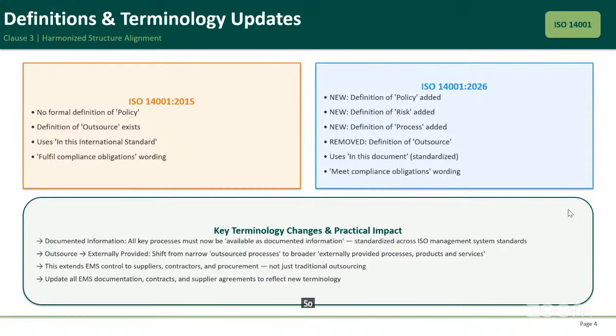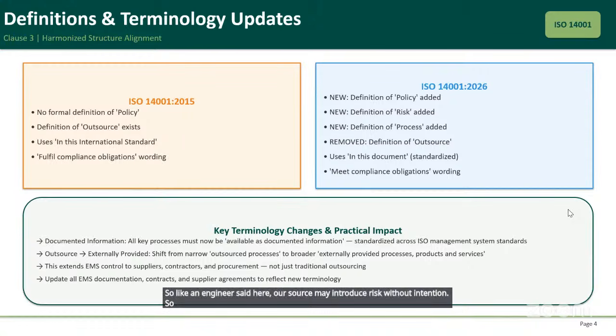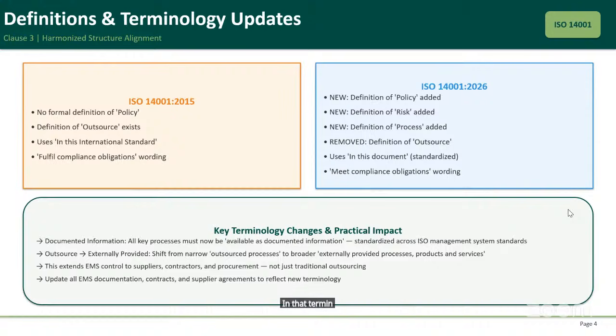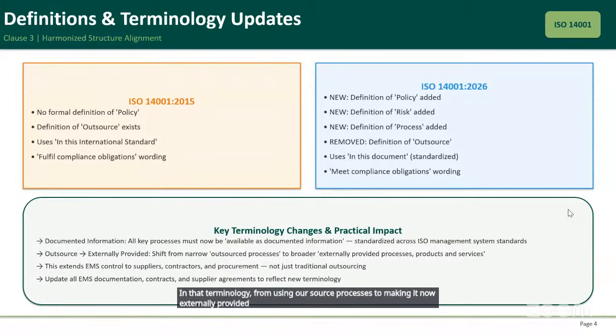Like an engineer said here, outsourcing may introduce risk without intention. So the standard wants them to understand that when you take activities, processes, or products out for some companies to do for you, it's still part of your process. That is why there is a change in terminology from outsourced processes to externally provided services and products.